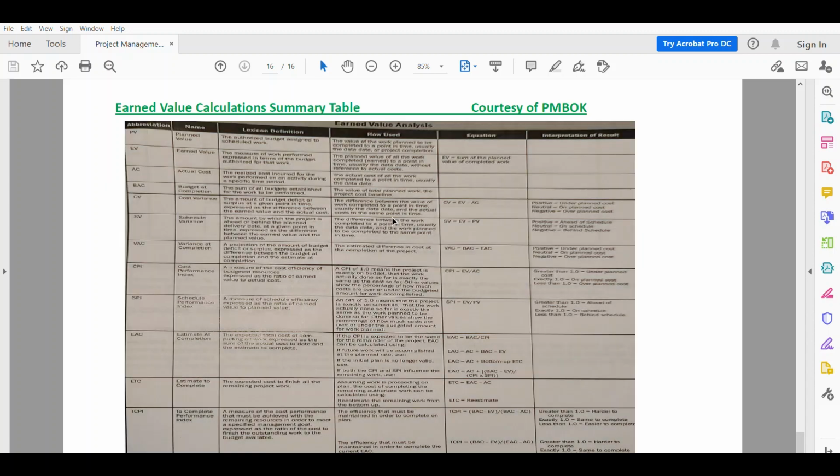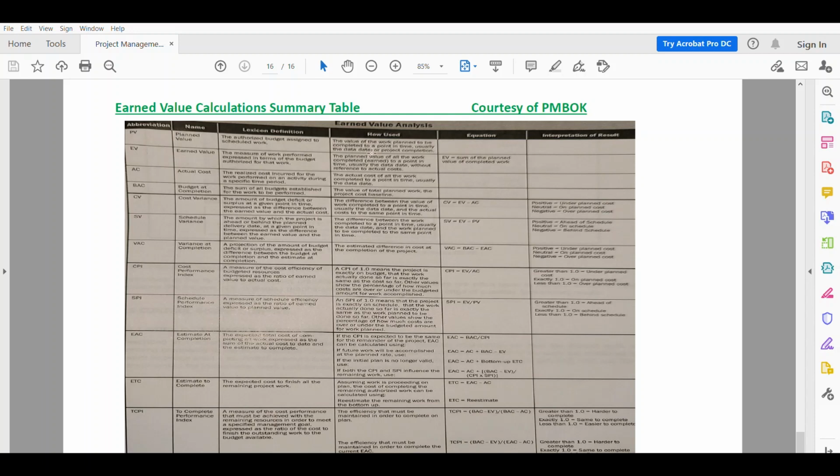And I copied something here from the PMBOK, the earned value calculation summary table. The earned value calculation is a very important tool to monitor and control your project expenditure and the schedule. As you can see here, we have the abbreviation, the name, the definition of each one of these items, how it is used, and the equation.